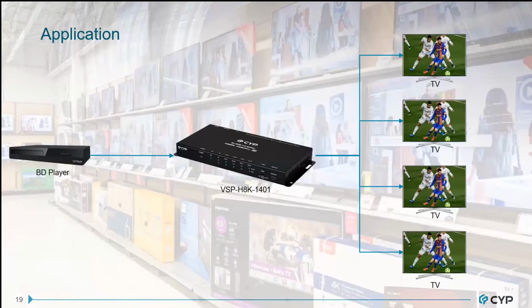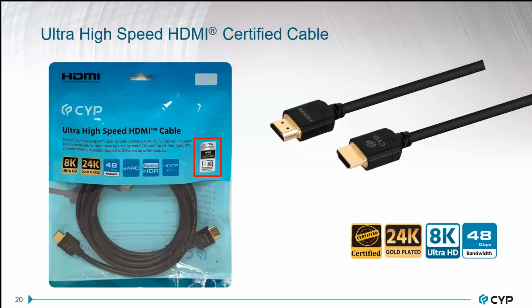For example, if the 8K HDMI splitter is used in retail, the users can see the same content from different displays. And if you are worried about what cable can truly pass the 8K content, our ultra high-speed HDMI certified cable is your best choice.